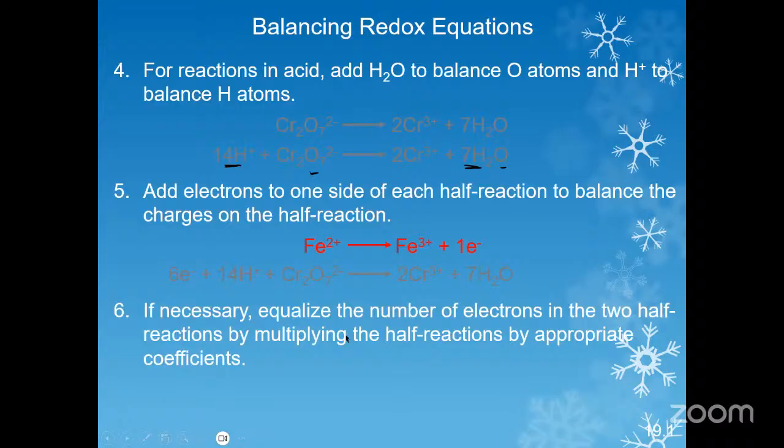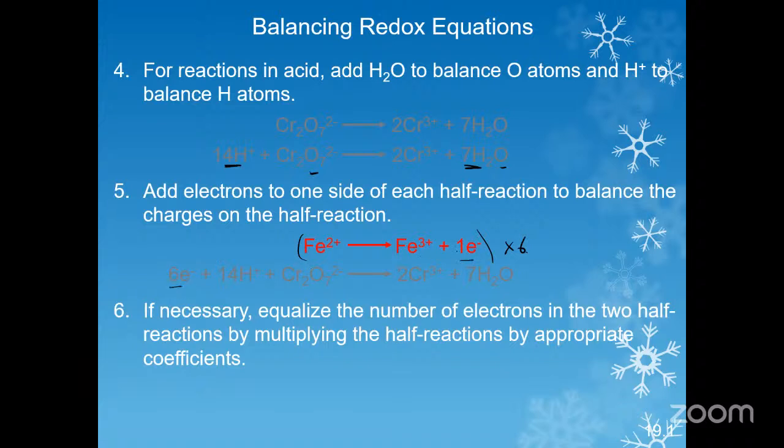Now, as we have it right here, we have 1 electron being lost in the oxidation process, but we have 6 being gained in the reduction. So the question is, how do we get the number of electrons gained to be equal to the number of electrons lost? The answer is that we multiply this equation by 6, because we want 6 electrons here to balance with the 6 electrons there.